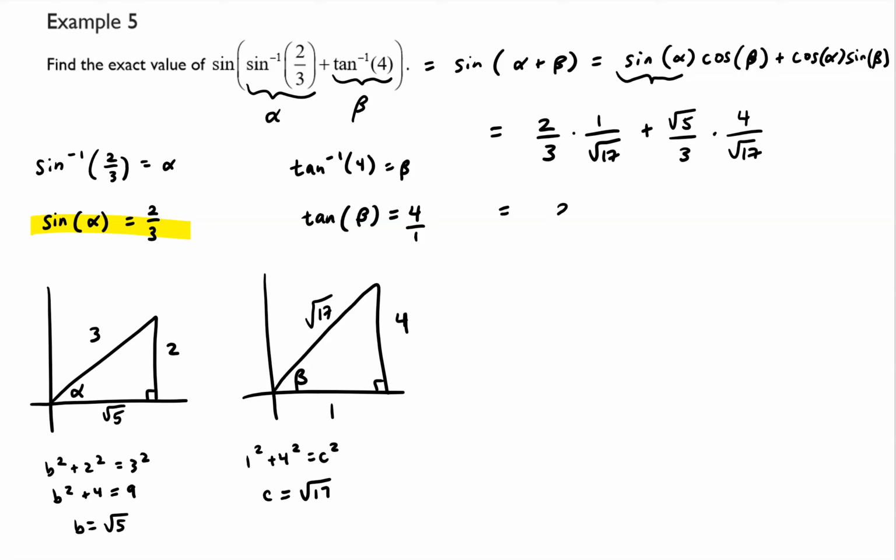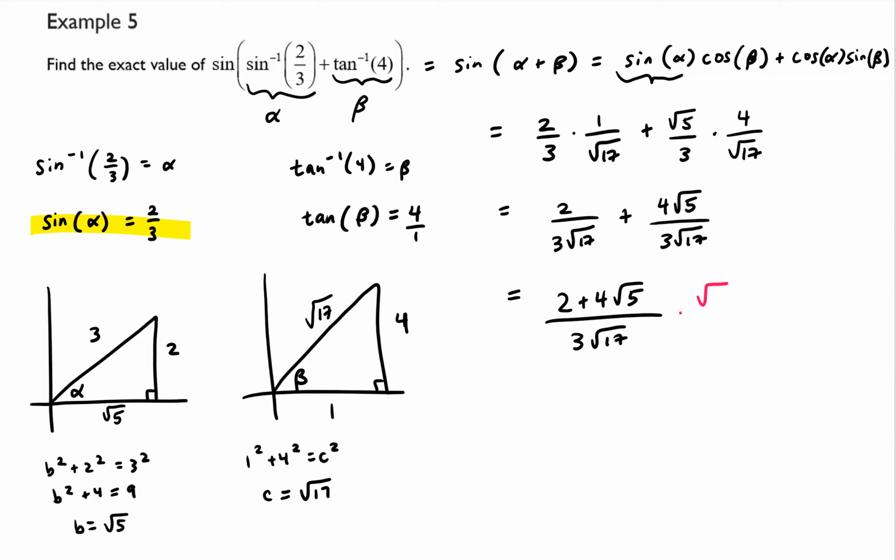And now if we multiply, we get 2 over 3 times the square root of 17 plus 4 square root 5 over 3 square root of 17. And we can combine that to be 2 plus 4 root 5 over 3 root 17.